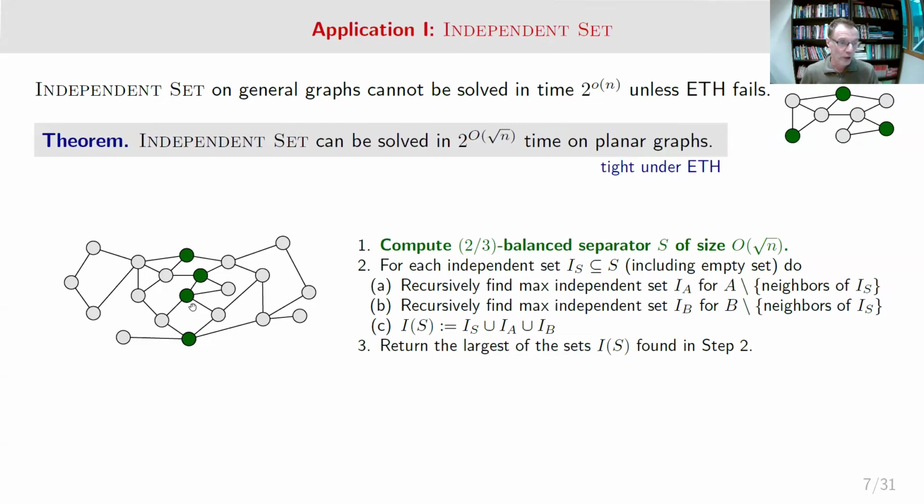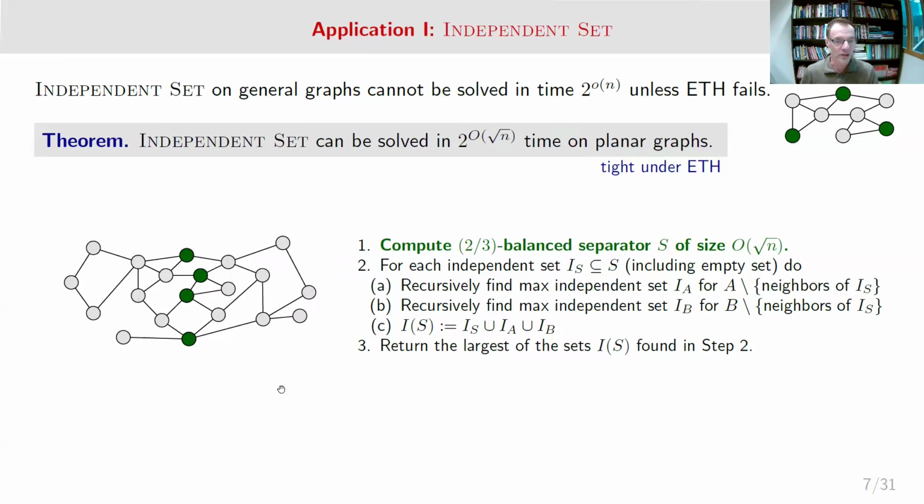But I have square root of n nodes in my separator, so that's 2 to the square root of n different possible independent sets. Once I try an independent set here, I say, if this is in my independent set, then recursively I compute an independent set here, but if I already pick this one in the separator, then these two I should already remove from this side.